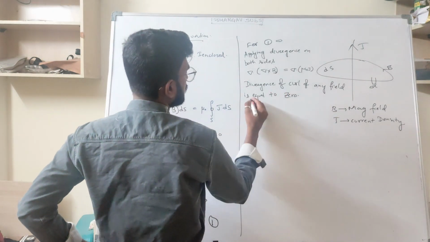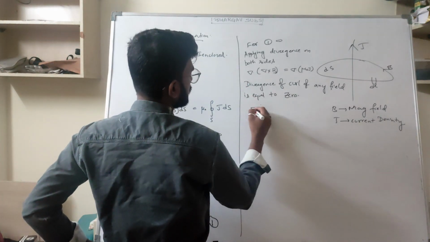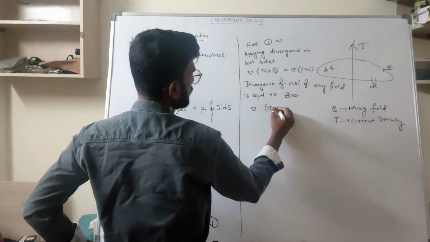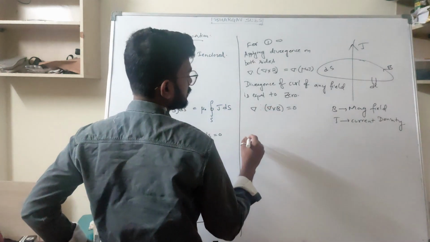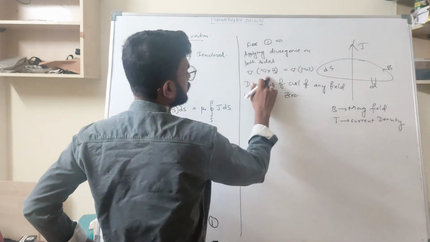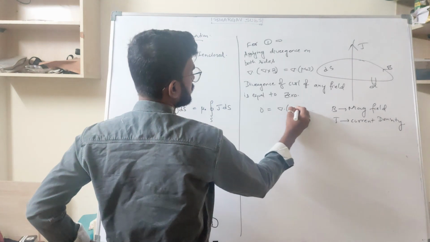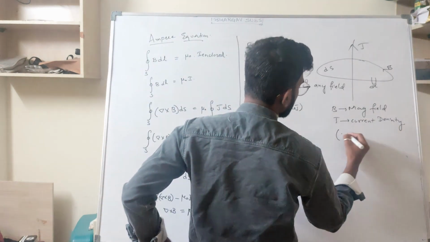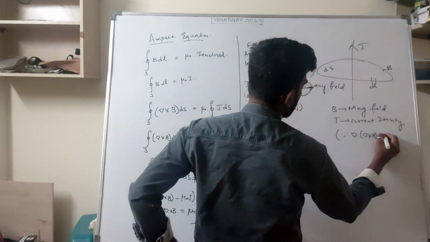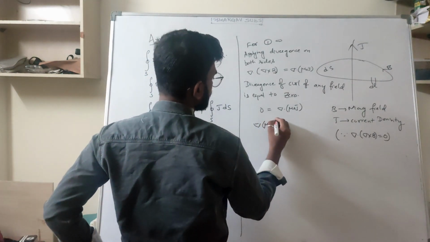So I can write this as 0, the divergence of del cross B is equal to 0. You can substitute here directly: 0 is equal to divergence of mu naught J, since the divergence of any curl is equal to 0. So I got divergence dot mu naught J is equal to 0.